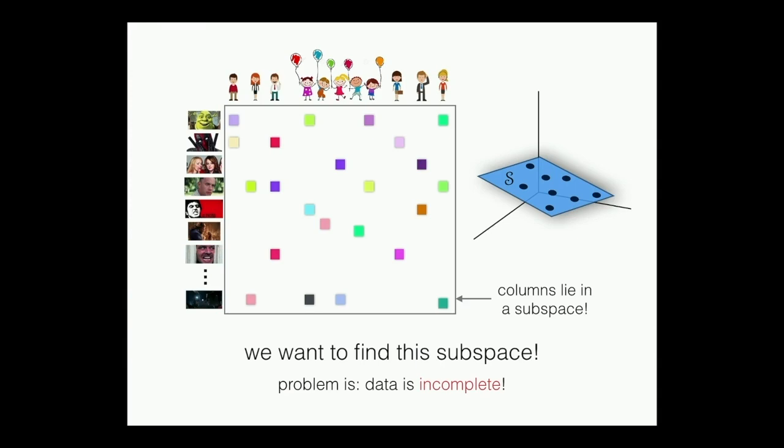The way we approach the problem is we have incomplete data, so we don't really know their coordinates in that subspace. They're sort of floating around, and this is the matrix completion problem. If you knew that subspace, you would know how to impute those missing values. So you have to do these things simultaneously: impute the missing values and learn this underlying subspace.